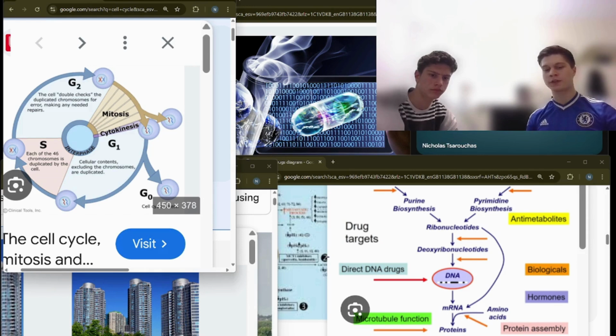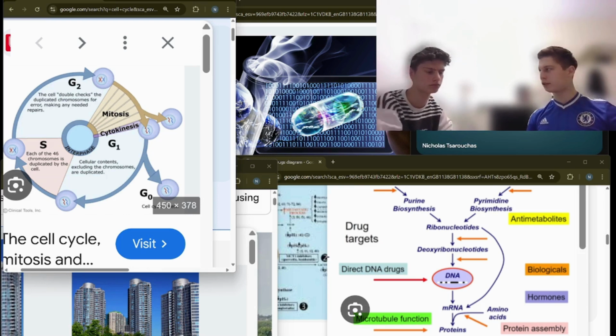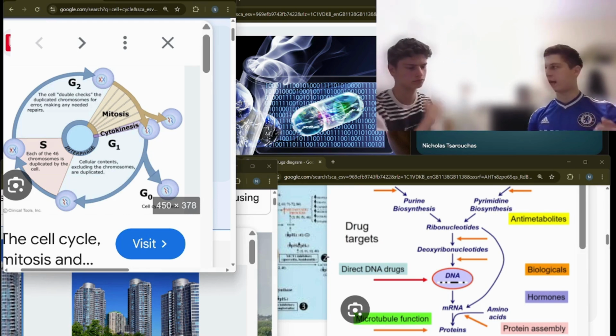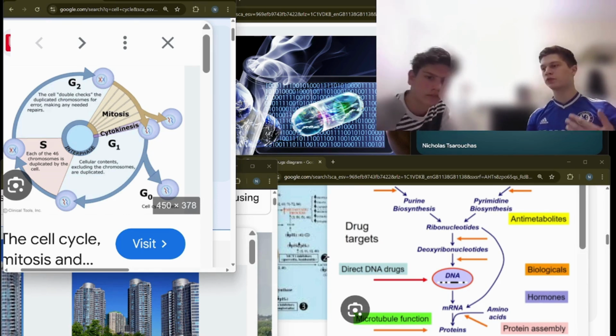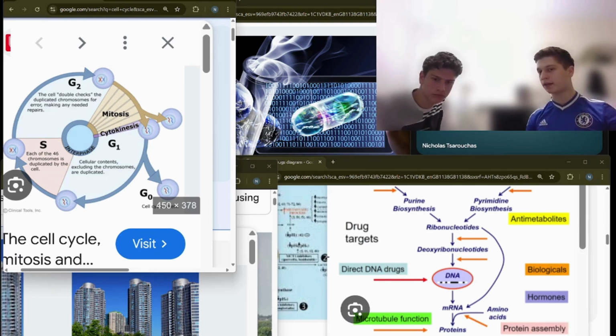There are different checkpoints throughout the cell cycle. You have G0 to G1, and when you switch between the different stages of G1, S, G2, you have checkpoints to assess and to make sure that the DNA replication, everything, has undergone correctly so that you can ensure genomic stability.